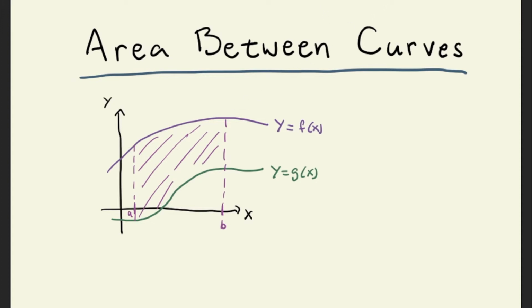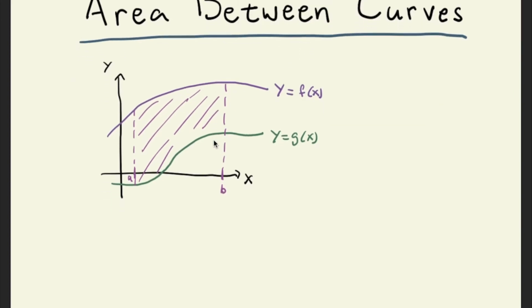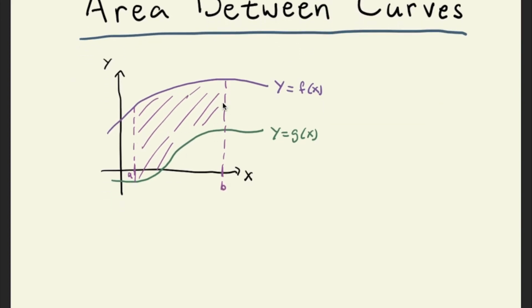So the idea, you can look on Stewart for a better picture than what I can draw here. But the idea is to chop up this area into very tiny rectangles and then sum all of them and send the width of the rectangle to 0 and get a good approximation of the area, right? As you send the width of the rectangle to 0, you get the exact area.